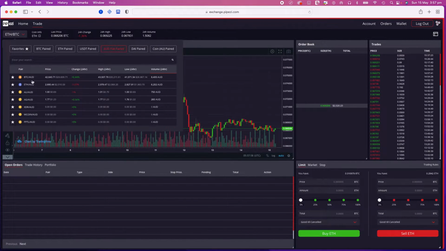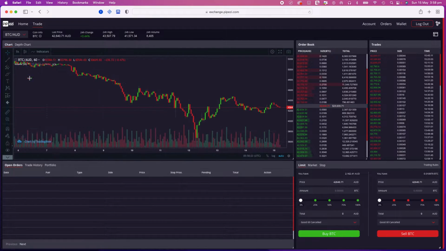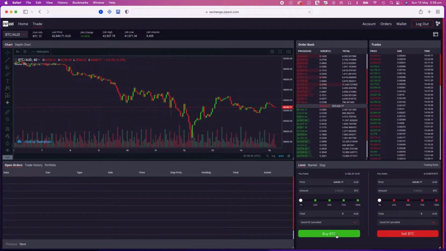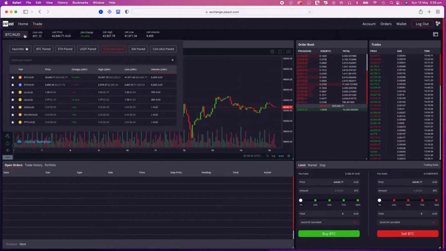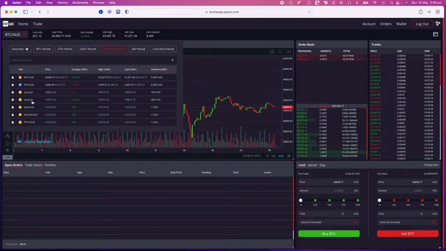If I choose Bitcoin AUD, I can buy Bitcoin as long as I have Australian dollars in my account. But if I say I would like to buy, for instance, Uniswap tokens, Uni tokens, with Australian dollars, I'll have a problem, because there's no Uni AUD pair.